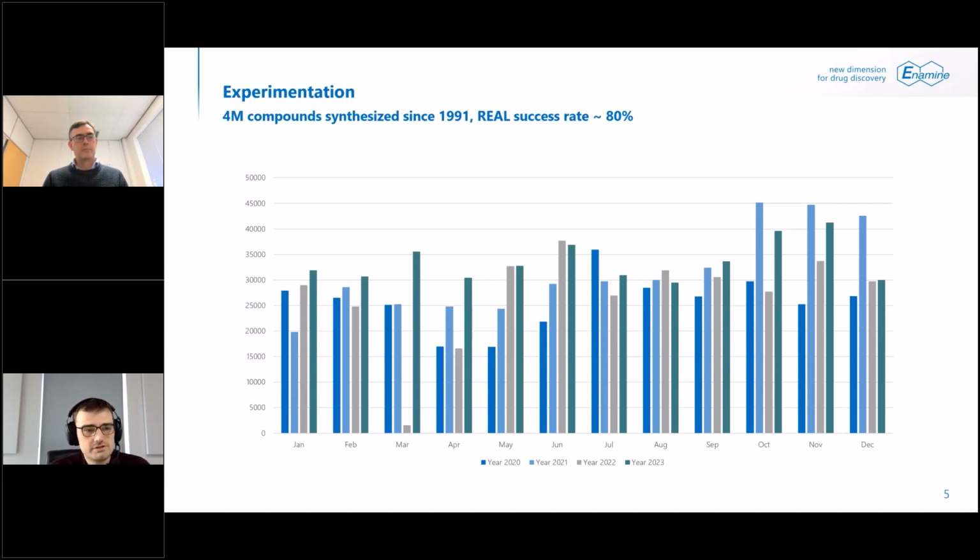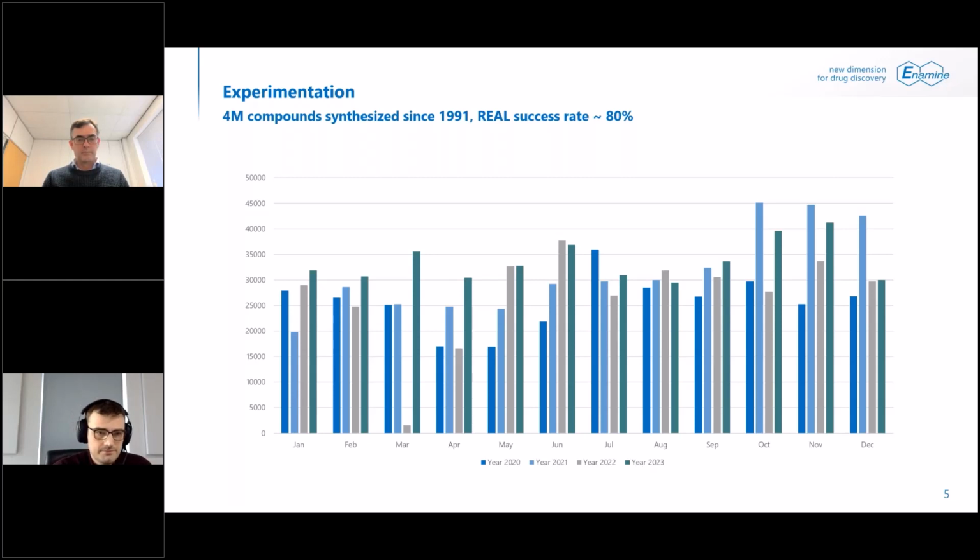We actually synthesized and now have in stock about 4 million screening compounds. I mean, there's a catalog collection which we have here in Kiev, and most of them we obtained by the parallel chemistry department using REAL as a source of the structures. With all this statistics about the reactions, we are able to achieve a really great success rate for the synthesis, about 80% for average selection from the REAL collection.